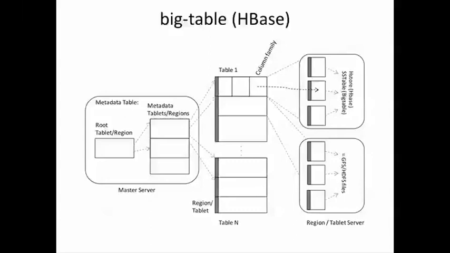Of course, one of the downsides of the Bigtable or HBase architecture is that there's really only one key, which is the primary key with which data is distributed across different processors or different chunks.